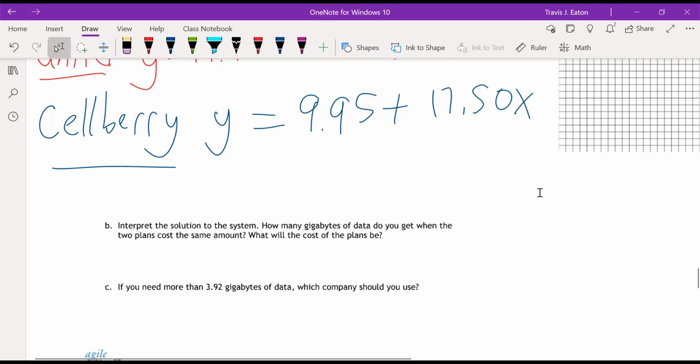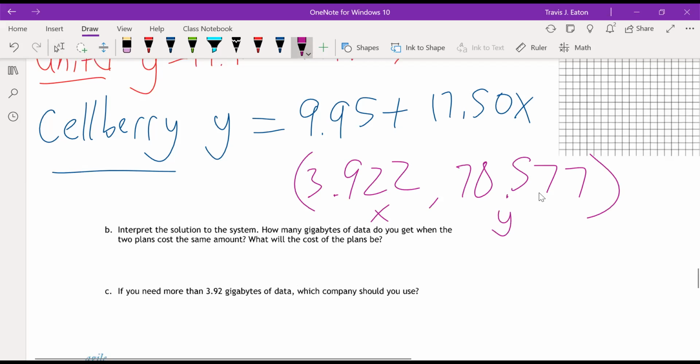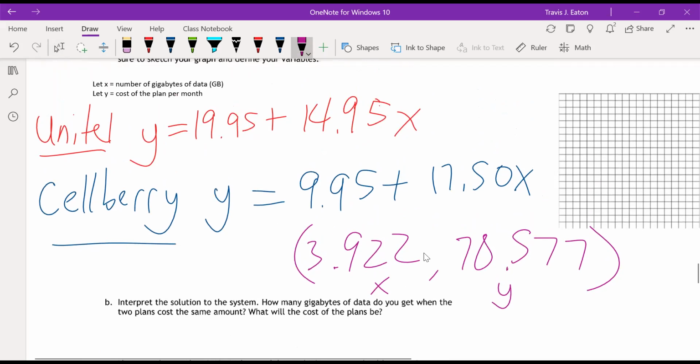Well, remember, the solution to this system is 3.922 and 78.577. Okay, so remember, that's our x and this is our y. So that means that x is the number of gigabytes of data and y is the cost for the month.